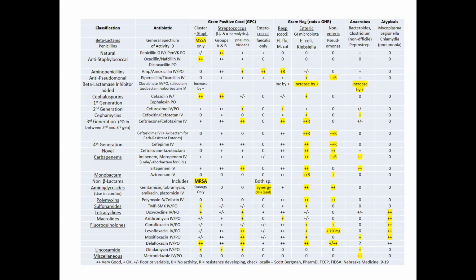Anaerobes can be either gram-positive or gram-negative. For this introductory class, I'm not going to have you focus on the differences between those, but be aware that Clostridium difficile is not included in these spectrums of activity. This is Clostridium perfringens and the other species that cause invasive infection. Then the atypicals, focusing on those that cause respiratory infection, such as pneumonia.